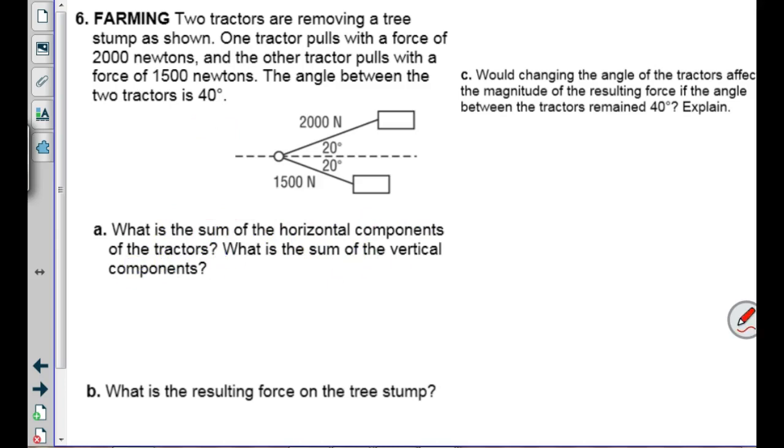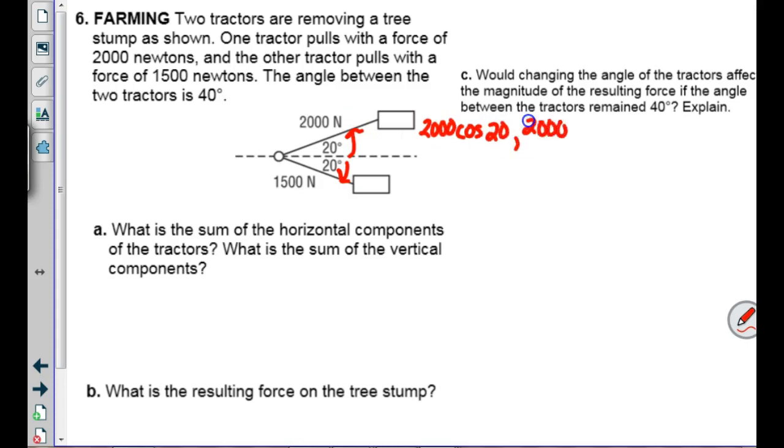Okay, so let's just figure out the components of one going this way and one going this way. To get the components of this one, we'd have 2,000 cosine of 20 degrees off the positive x-axis, yes?